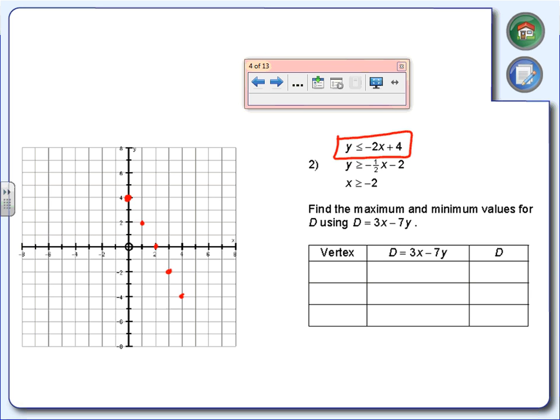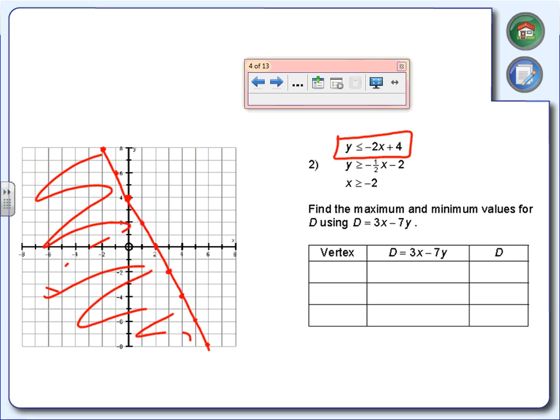Again, it's extremely important that this line is accurate, so get as many points on there as possible. What kind of line are we going to use on this? Solid. Connect those dots with a solid line. This one says less than, so we're going to lightly shade to the bottom. So there's your first one.